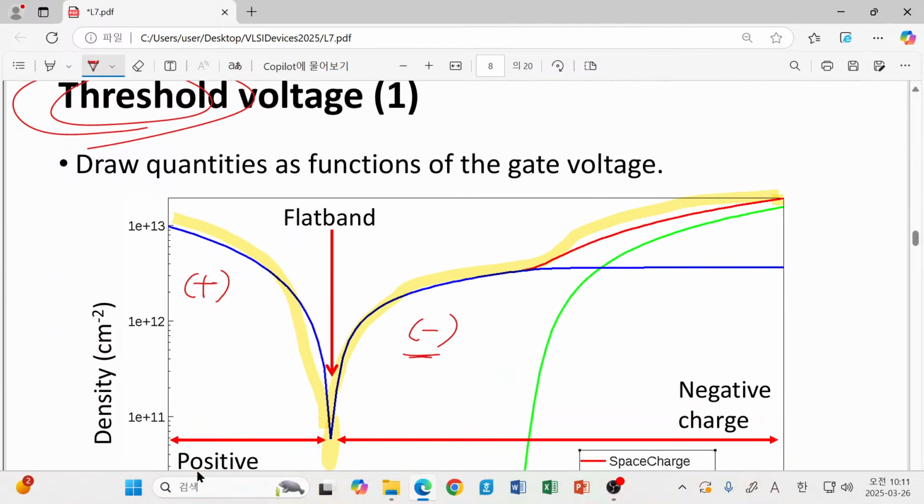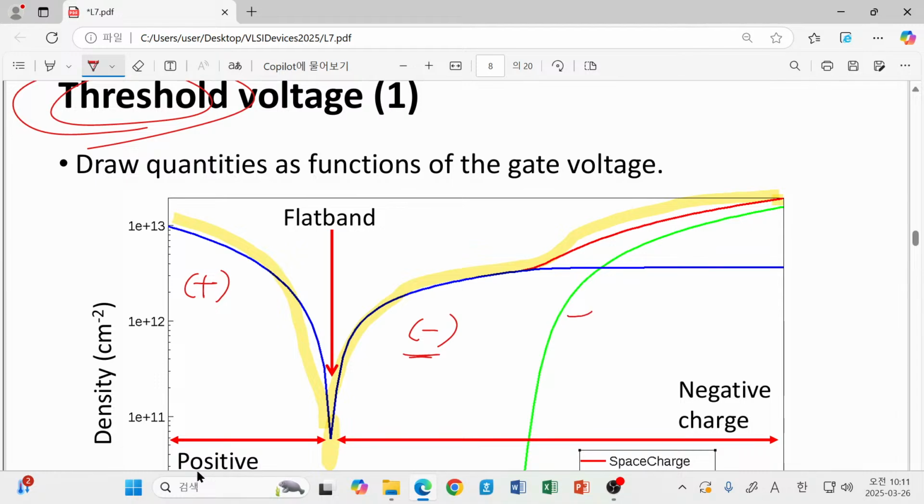Okay, so now if you successfully draw equation 2.182, then you will draw this yellow line. When you take the absolute value of Qs, you will find this one. And if we can further decompose that into contribution from electrons and holes, then now we can decompose these two numbers.